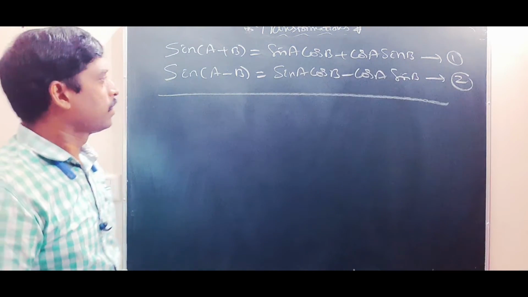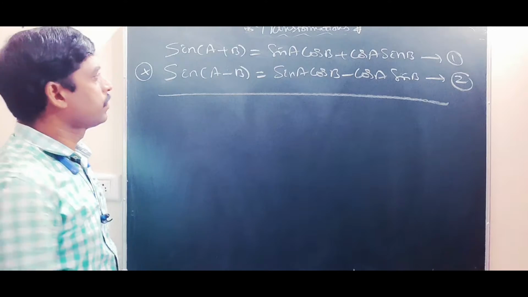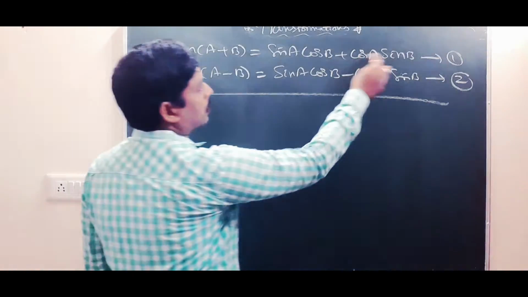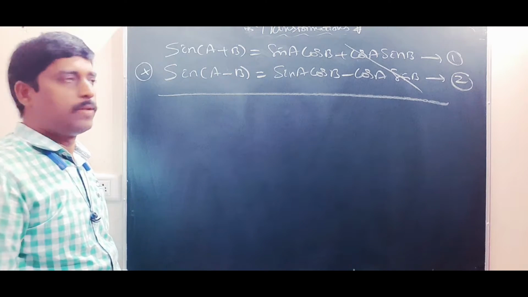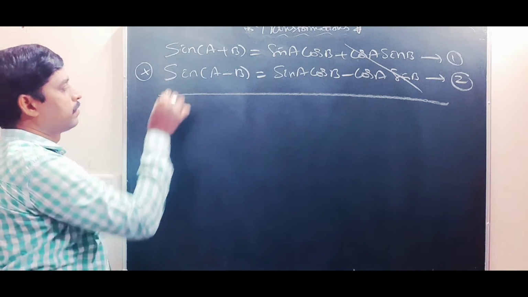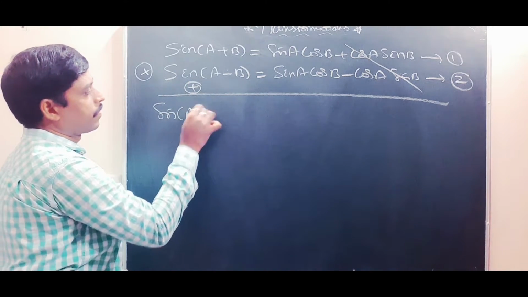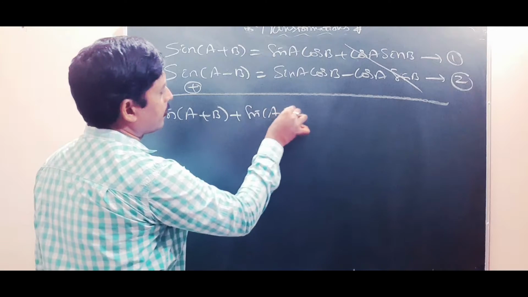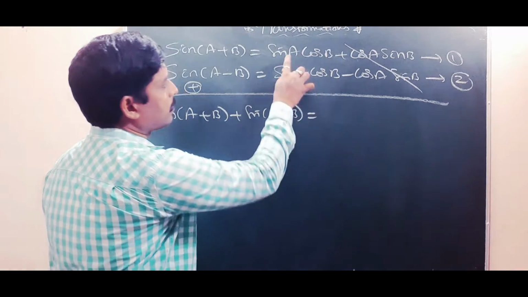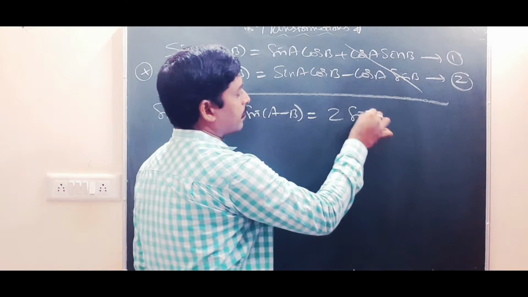In the first case, let us add these two equations. Cos A sin B minus cos A sin B gets cancelled. Okay, what we get? Sin(A+B) + sin(A-B) = sin A cos B + sin A cos B, 2 sin A cos B.